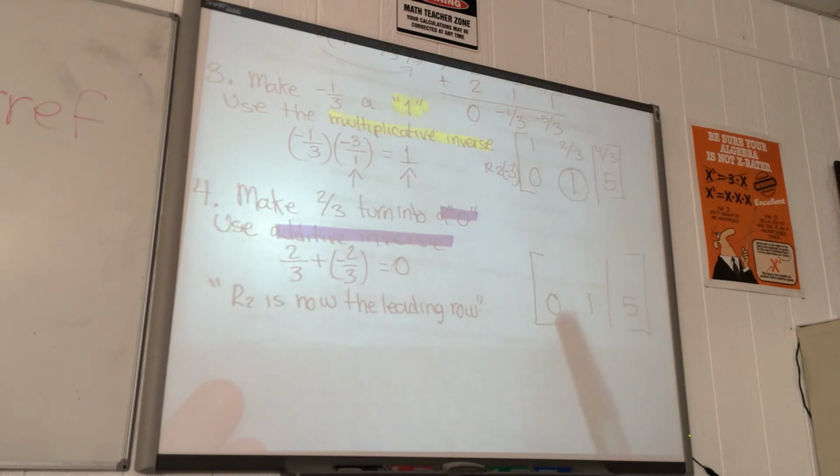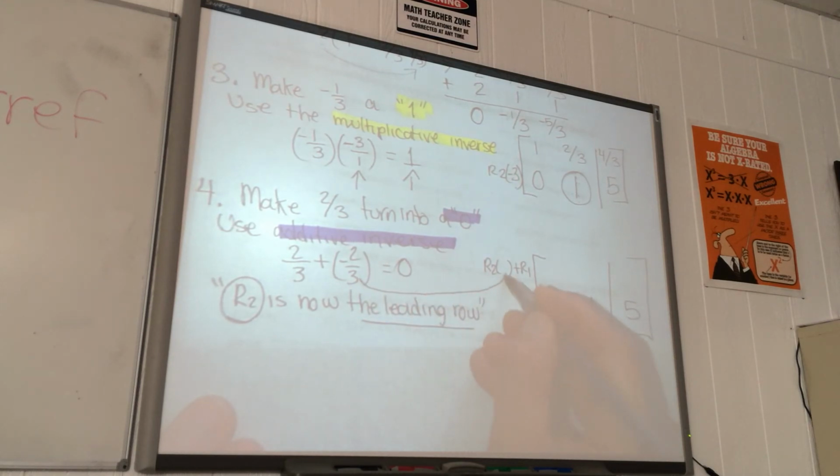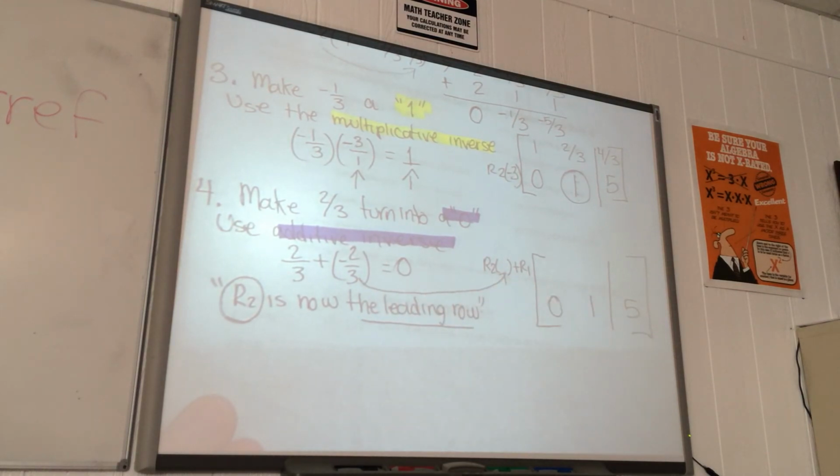But now we need to do something to R1. But we're going to use R2 as our leading row. So what I mean by that is that we're going to say R2 times something plus R1. And that something is actually going to come from here, from the additive inverse, so negative 2 over 3.